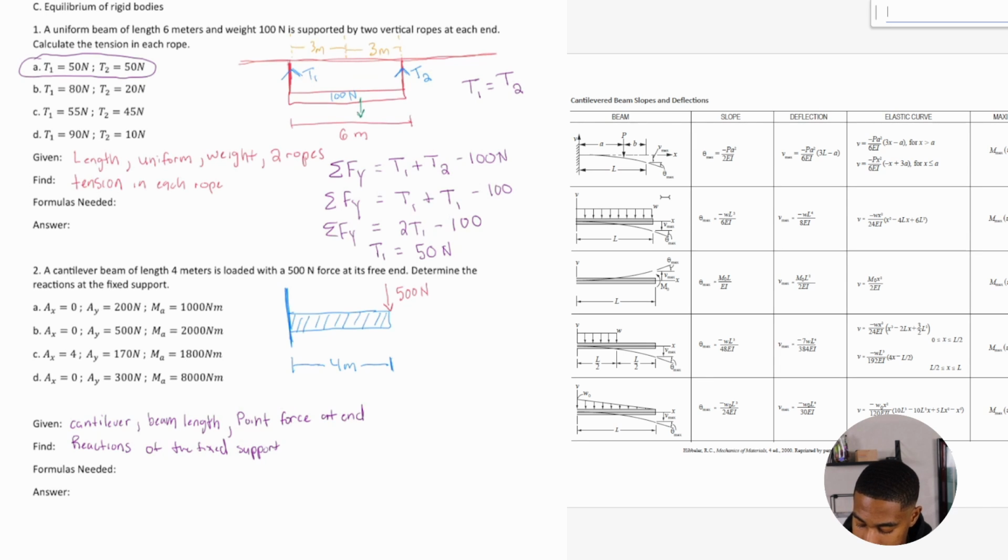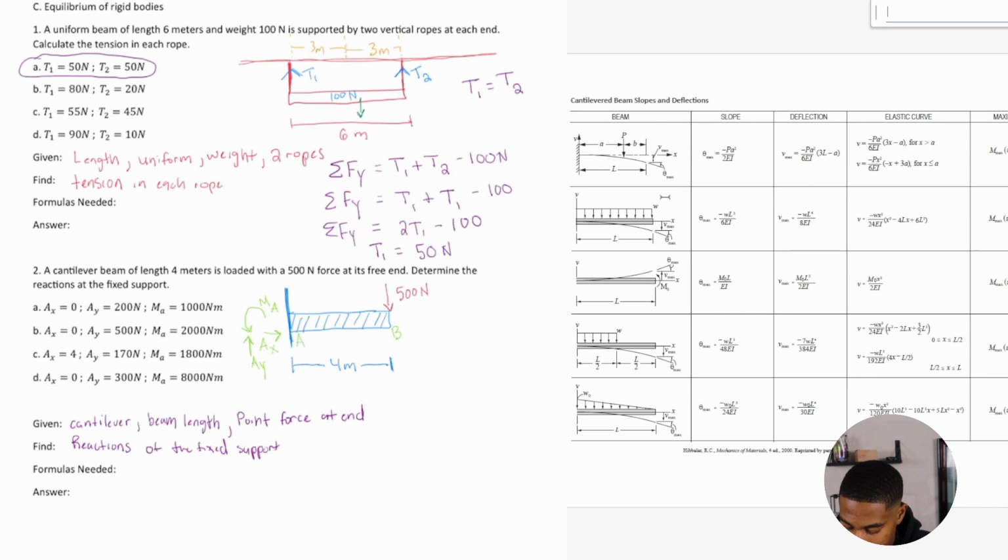So in a fixed support, we'll just call this point A, and this to be B, and we have an AX, we have an AY, and then we have a moment reaction MA. Hopefully this makes sense.